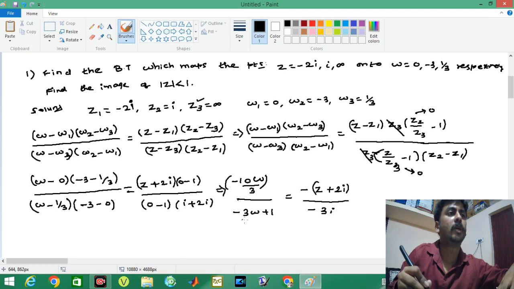Now we can take minus in the denominator of 3 minus 3w plus 1.